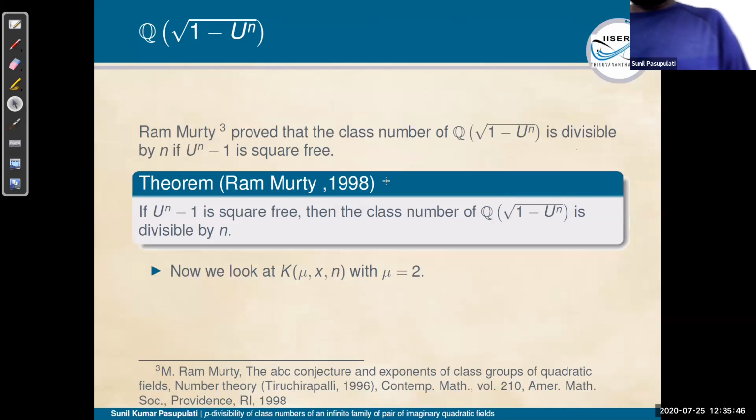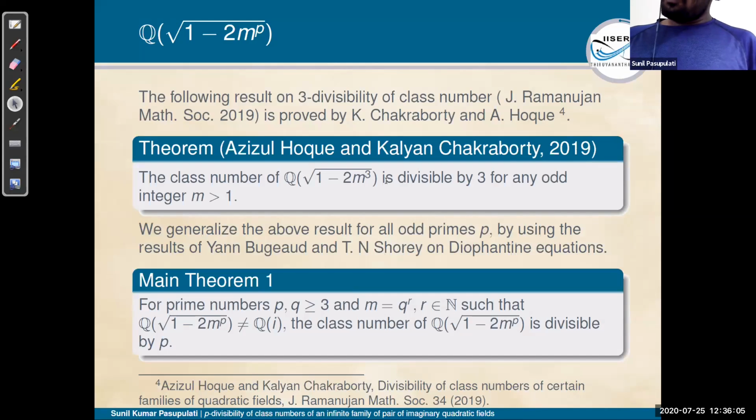For the μ equal to 1 case, Ramachandra Murty proved that whenever u^n - 1 is a square-free integer, the class number of Q(√(1 - u^n)) is divisible by n. Now we will look at the case μ equal to 2.